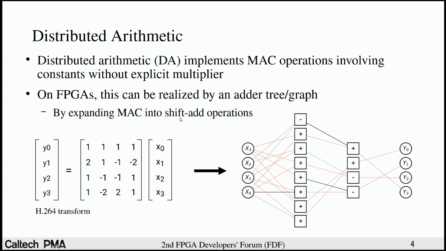So what is distributed arithmetic? If you have a MAC operation, in any of the forms from the previous page, you can implement it as an adder tree, or adder graph. This is a dumb implementation. You just do the shift sum. As you see here, because every number is already a power of 2, you don't have to decompose each number into some signed digit representation. It's directly a shift.